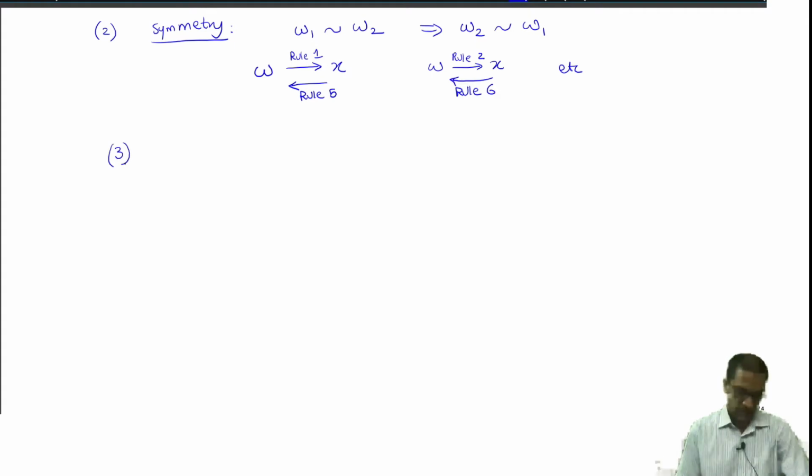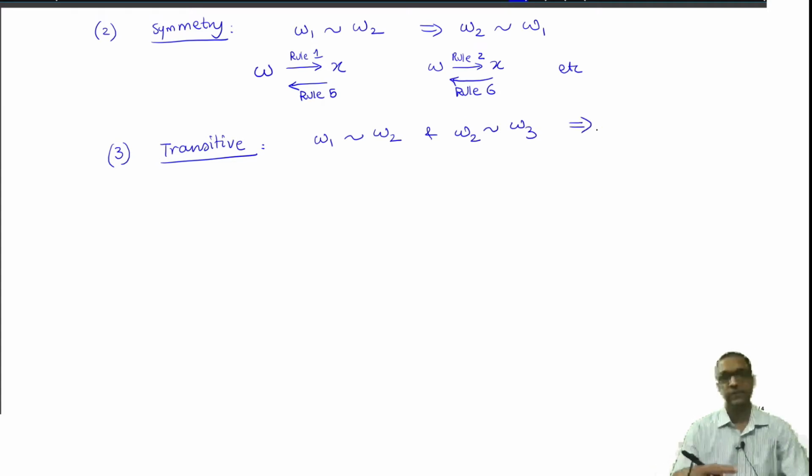Okay, and the third property, transitivity, is again as easy to check. Okay, so if I have a chain of rewriting rules which connects W1 to W2, and I have a chain of rewriting rules connecting W2 to W3, all I have to do is just apply this first set of rules, follow it up by the next set of rules, and using that rewriting, I can start with W1 and find a chain which takes me all the way to W3.